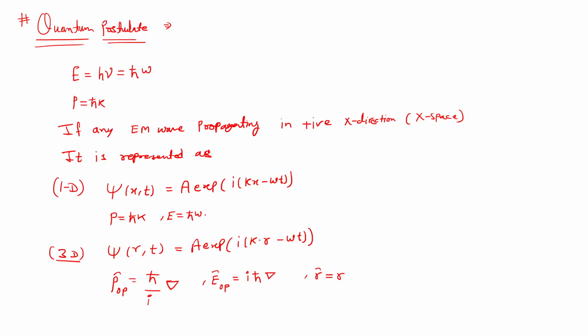Now, how can we get the Schrodinger equation from this? Can somebody tell me how we can get the Schrodinger equation from here with the help of these simple postulates? Any idea? The Schrodinger equation is also based on these postulates basically. There is no proof of the Schrodinger equation.